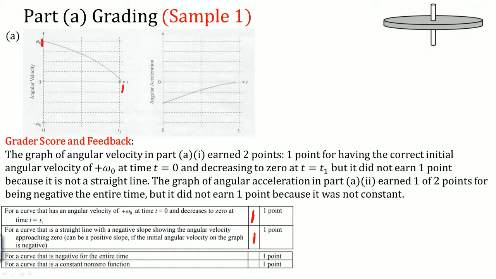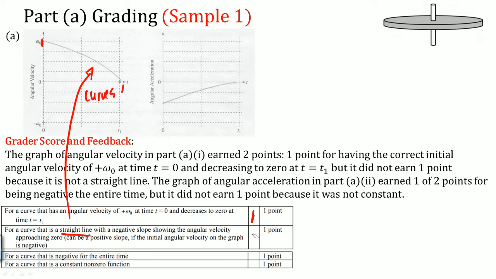For a curve that is negative for the entire time, did they get that one? It earns 1 point. So they get having the correct initial value and decrease in time, but did not earn the 1 point because it's not a straight line. Ooh, it did say straight. Here it curves. So they did not get this one.